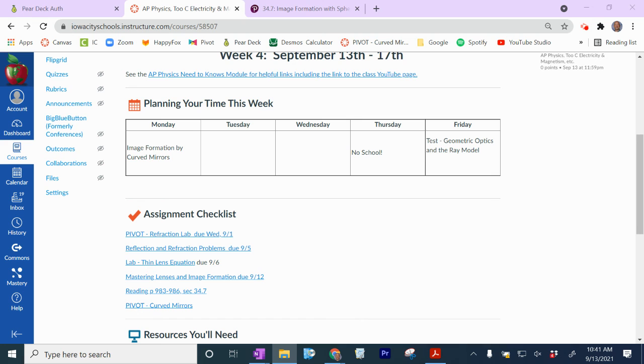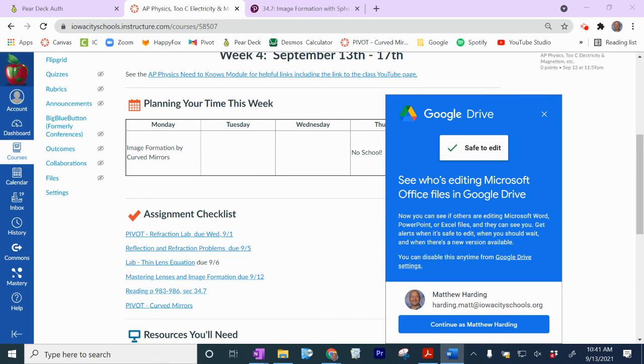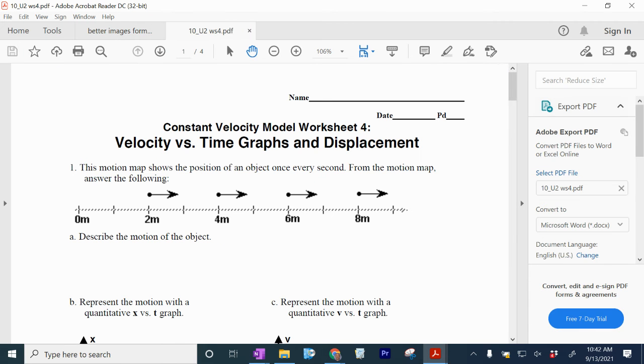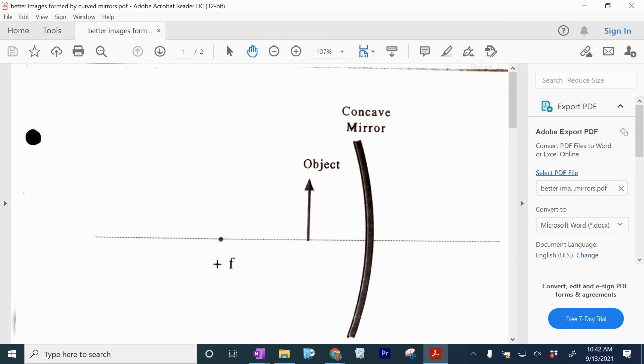That's not what I need. Physics canvas. Then again, I was there Friday.